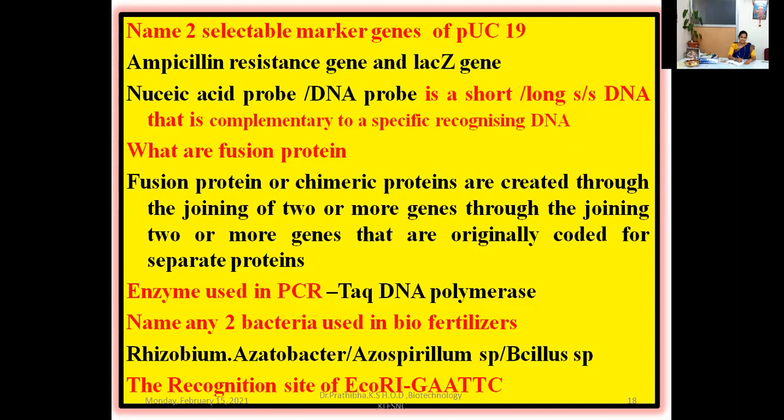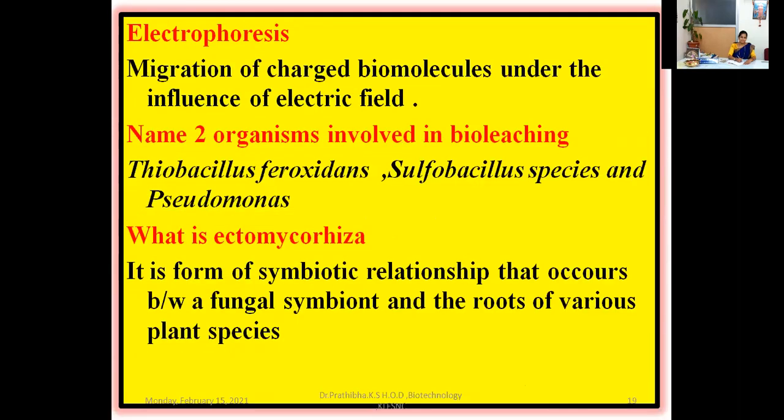Name two bacteria used in biofertilizers: Rhizobium, Azotobacter, Azospirillum species, or Bacillus species. The recognition site of EcoRI is GAATTC. Okay, define electrophoresis: migration of charged biomolecules under the influence of an electric field is known as electrophoresis.